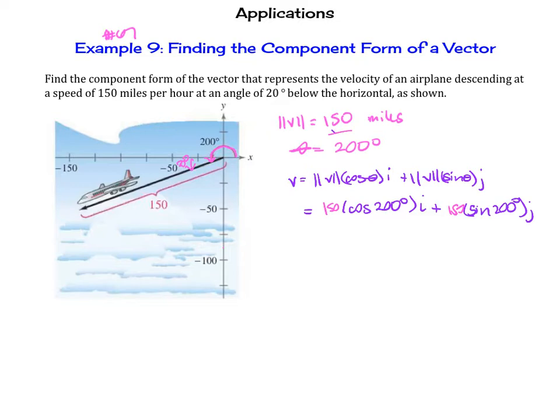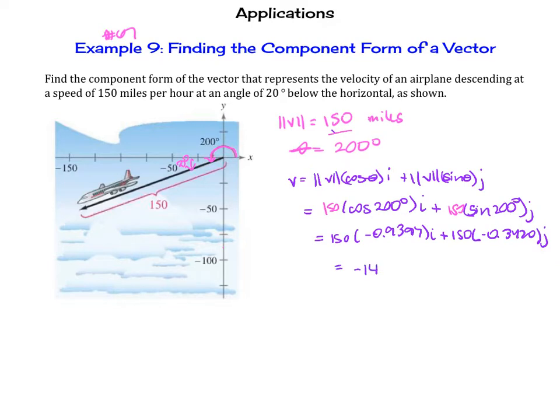Then we can simplify this. If you plug it into your calculator, you will find 150 times negative 0.9397 i, plus 150 times negative 0.3420 j, and then you simplify it further, so multiply it out.